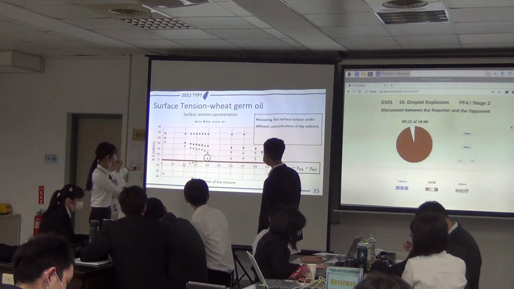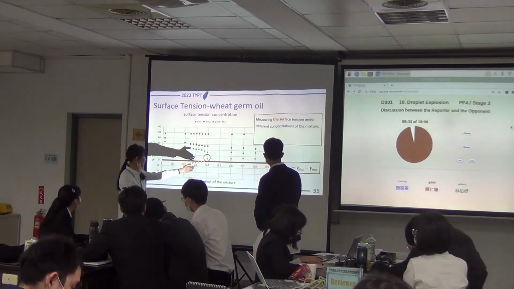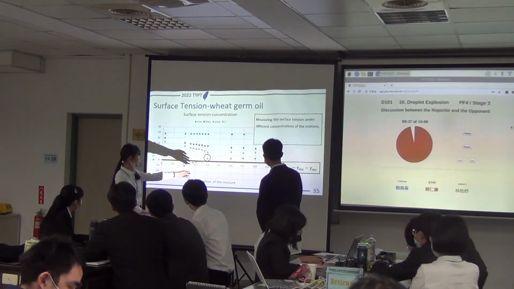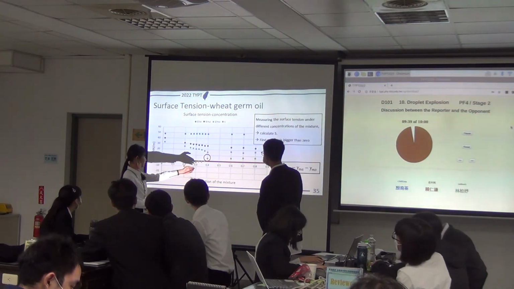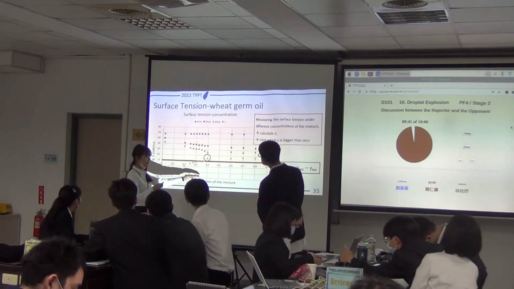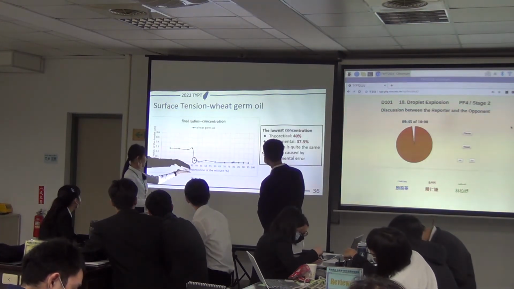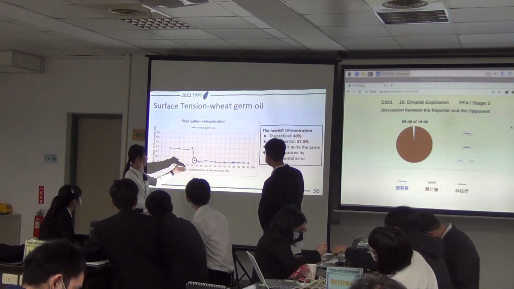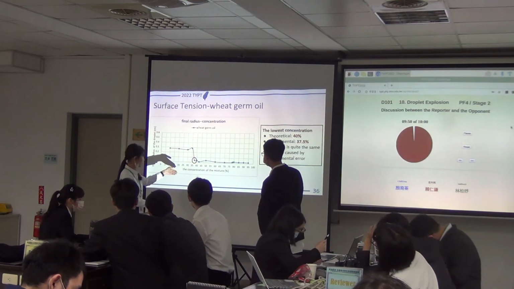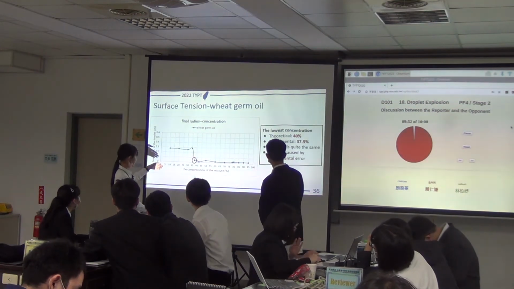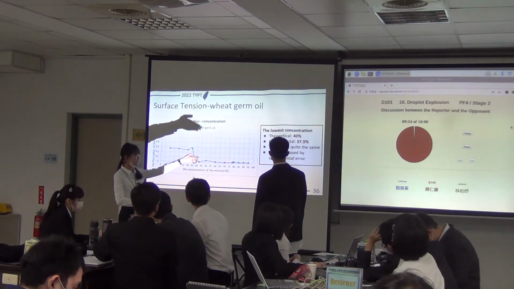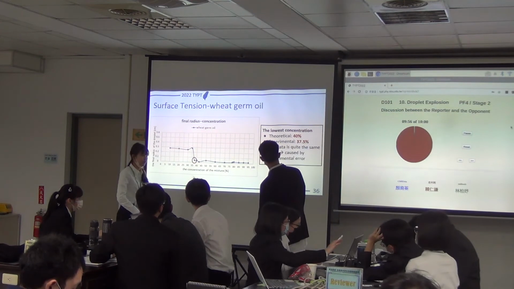For the surface tension, we found that when our S is bigger than 0, it may be our lowest concentration. We compare it with our experimental data, where experimental data is 37.5% and our theoretical data is about 40%. So we think it may fit our results.